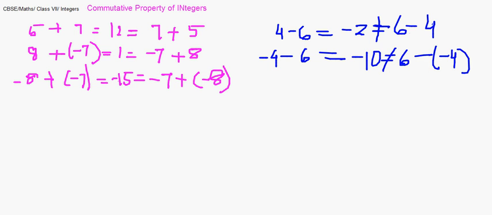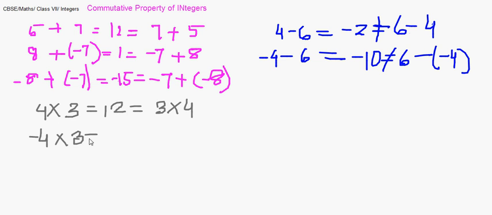Now move on to multiplication. Let's multiply any two positive numbers. I'm getting 4 into 3 is 12, and if I change the sequence, I'll multiply 3 into 4, that will also give me 12. Let's take up a negative number with a positive number. This will give me minus 12. If I change the sequence of multiplying 3 with minus 4, that answer will not change and will remain minus 12.